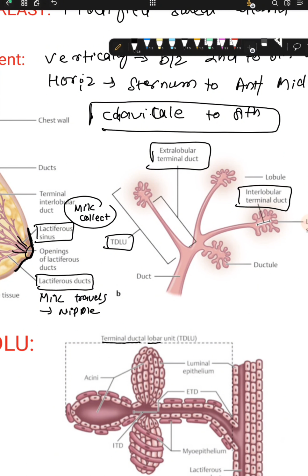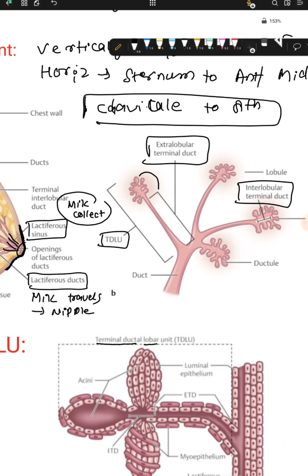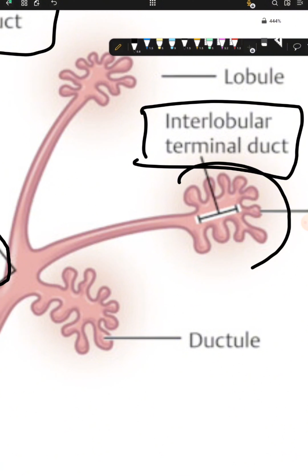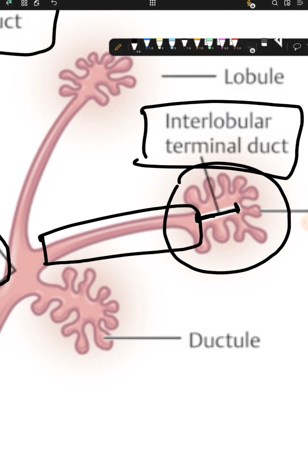So the extralobular terminal ducts are those which are outside of the lobule. So this is the lobule, and this is the extralobular terminal duct. And what is the intralobular terminal duct? So this is the lobule, and inside it this is the intralobular terminal duct.